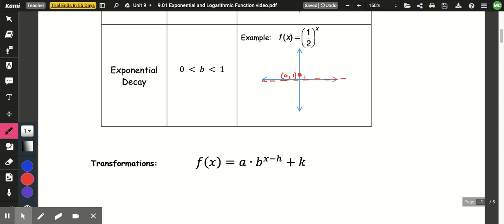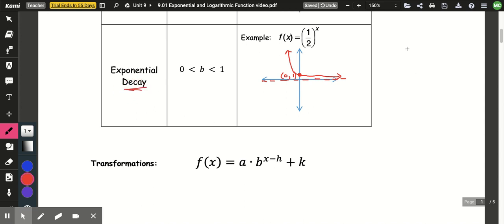Now this one is decreasing, so as I go to the right, it has to be approaching that horizontal asymptote. And as I go to the left from the y-intercept, it's going to be going upward like this. So if I'm looking at this graph from left to right, it is decreasing all the time. So this one is decay, decreasing.